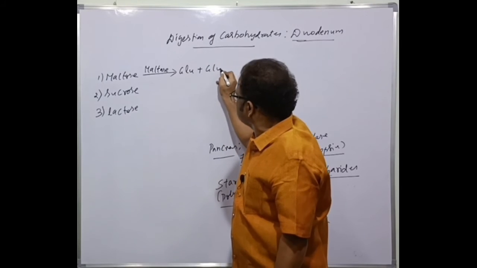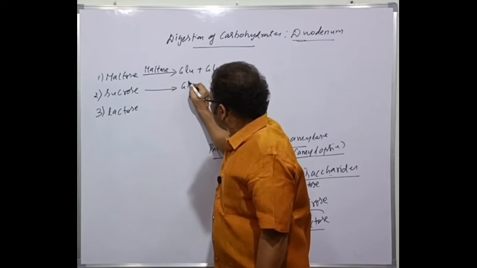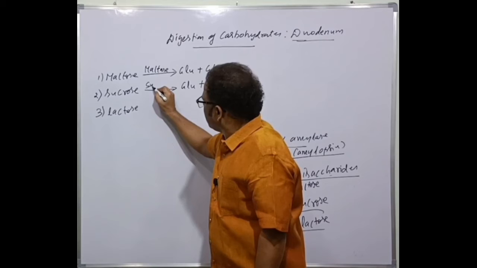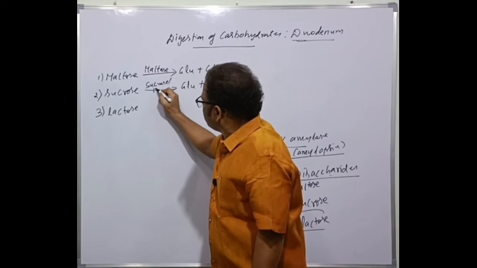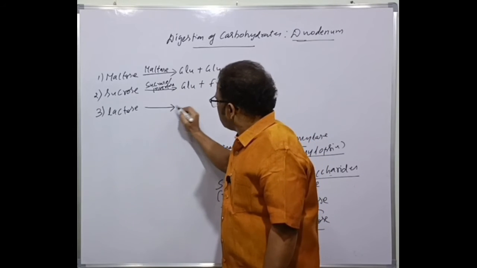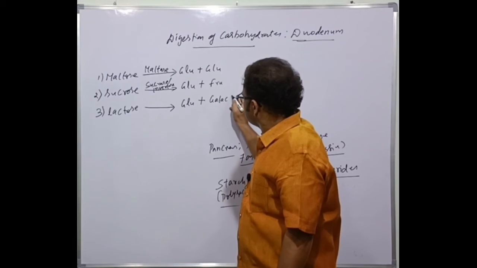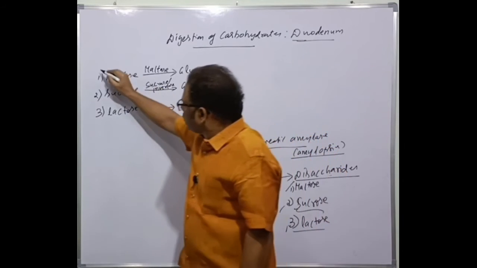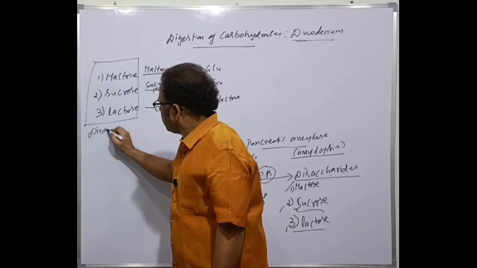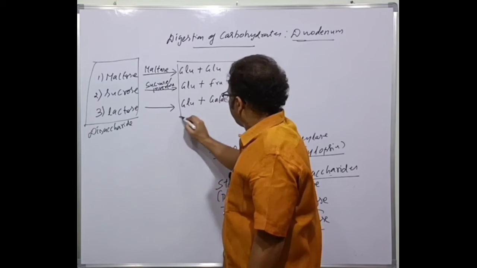Sucrose is converted into glucose and fructose in the presence of sucrase, also called invertase. Lactose is broken down into one molecule of glucose and one molecule of galactose. So these are the disaccharides, and these are the monosaccharides.